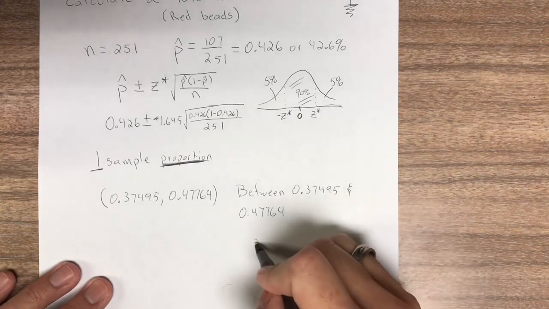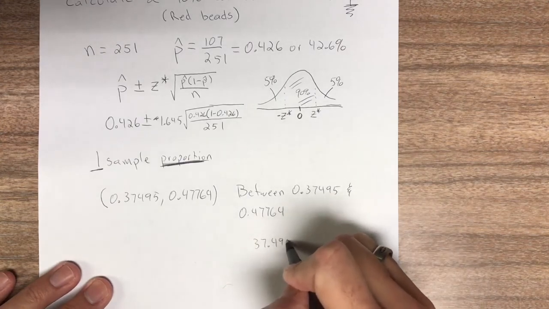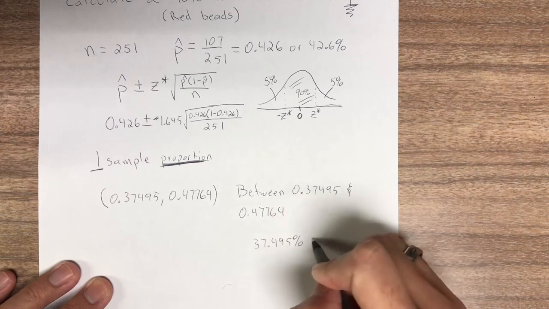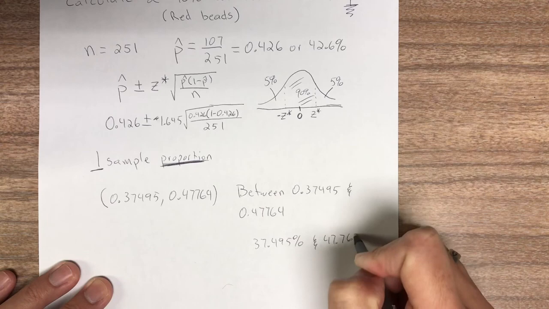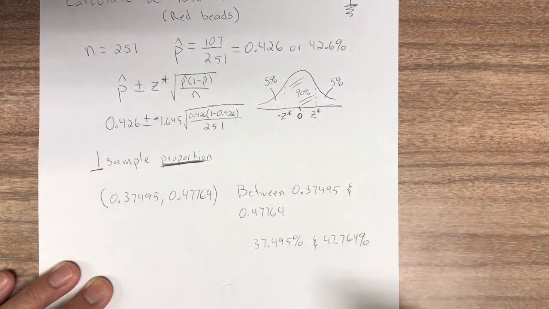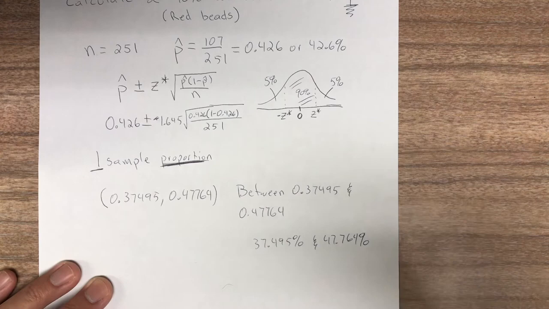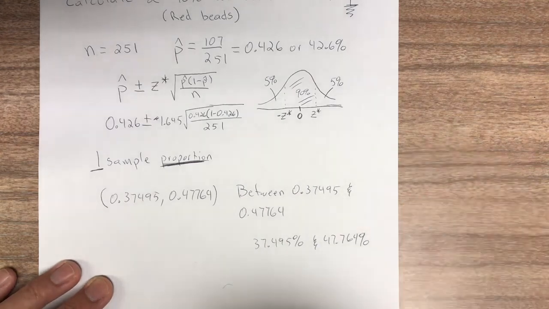If you want to use percentages, you can change those to percentages. I'm going to say 37.495% and 47.764%. Or you can say 37.50% if you want to round, and 47.76%. So that's the proportion of red beads in the container.